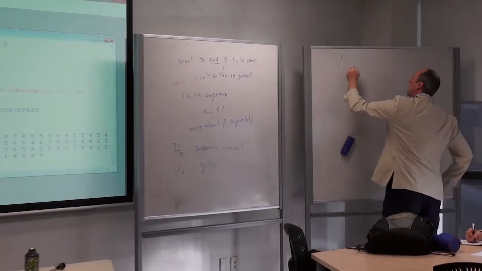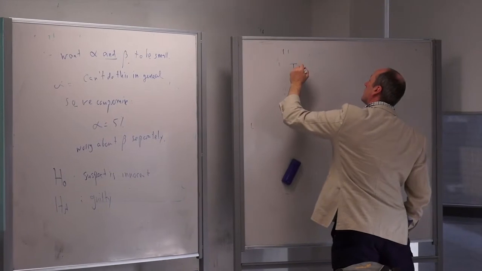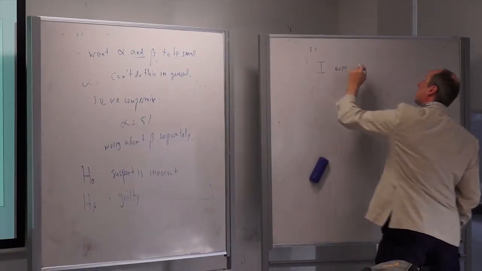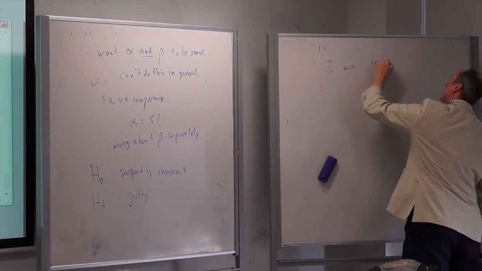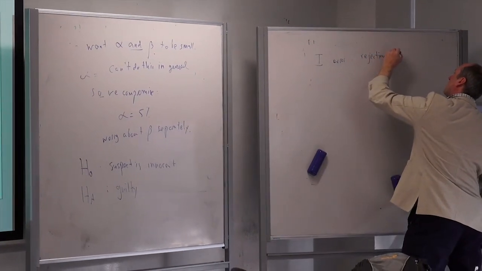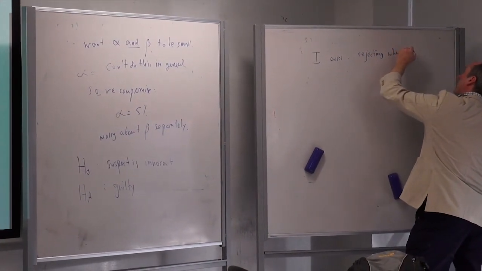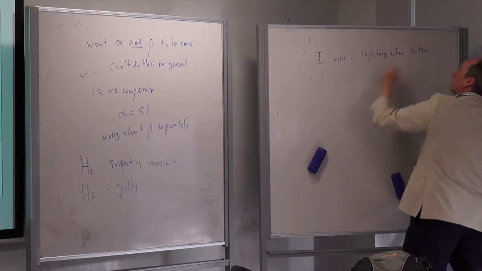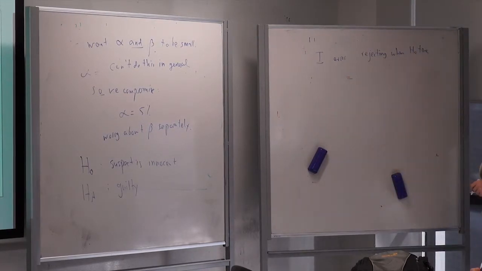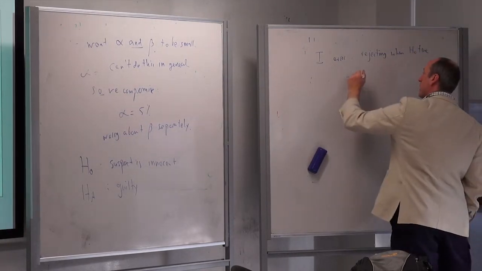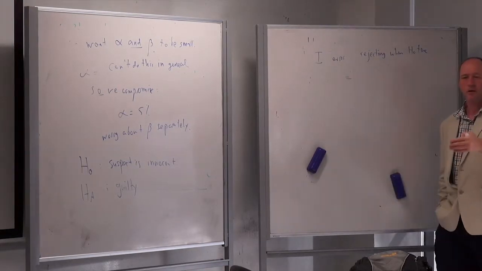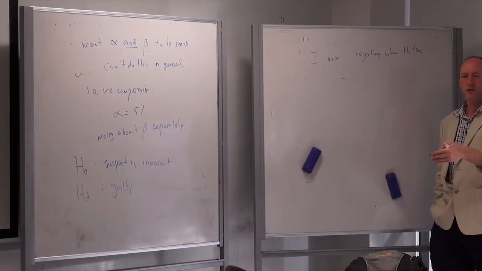Okay, so type 1 error is rejecting H0 when H0 is true, equals, what do you call it, condemning, or you say somebody's guilty, convicting.